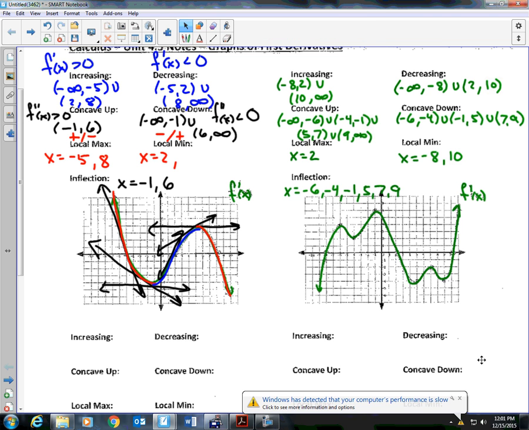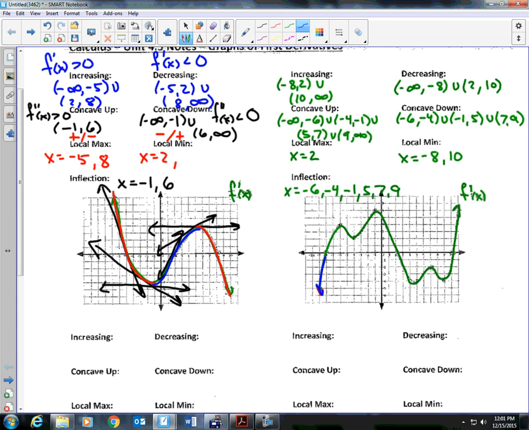I'll do what I did last time, which was the blue will be where it's concave up. Concave up wherever the derivative of the derivative is positive. Red is concave down.